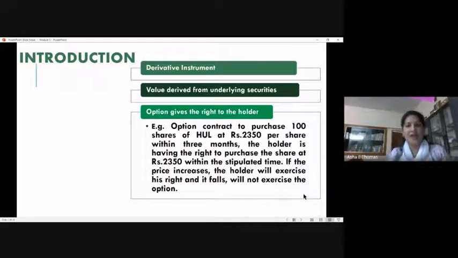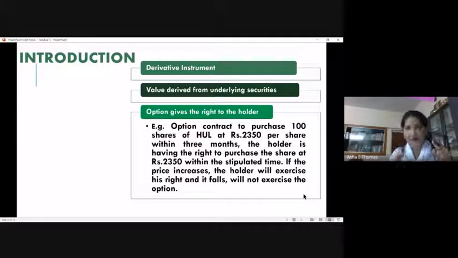Now this can be for purchase or it can be for selling. You can purchase the right either for buying or for selling. When it is for purchase, it is long position and call option. That is, you bought the right to purchase the asset at a stipulated price, which means it is long position and call option.